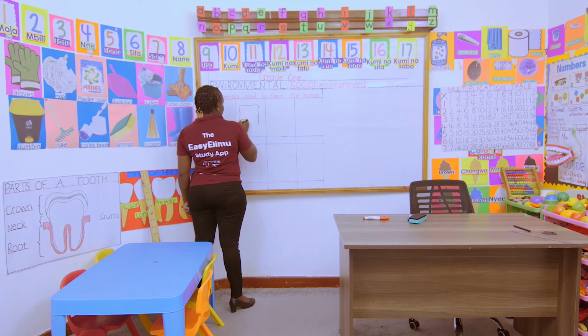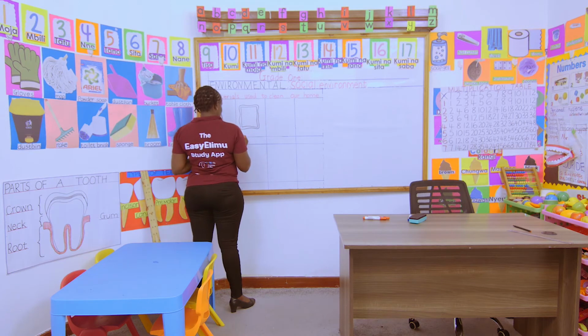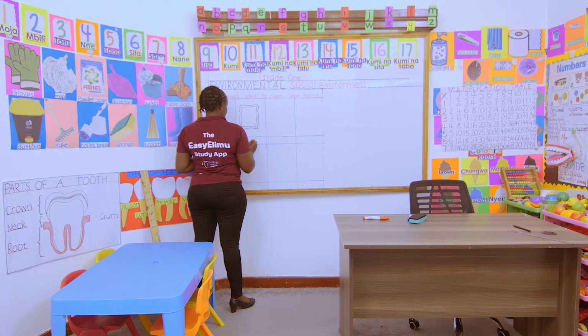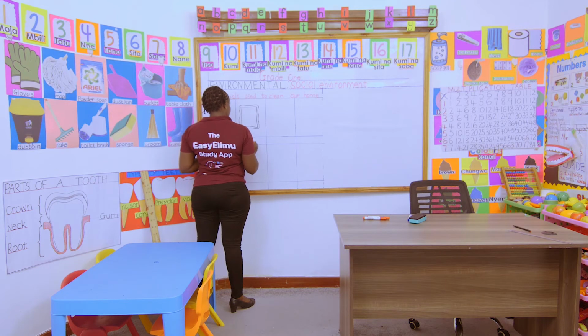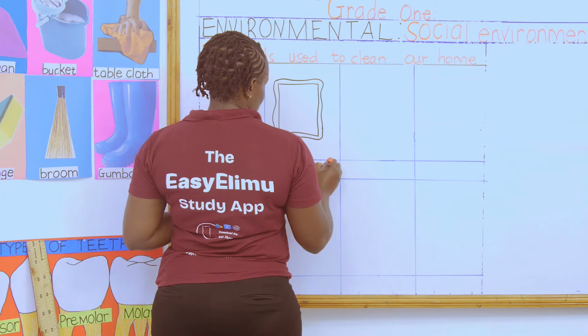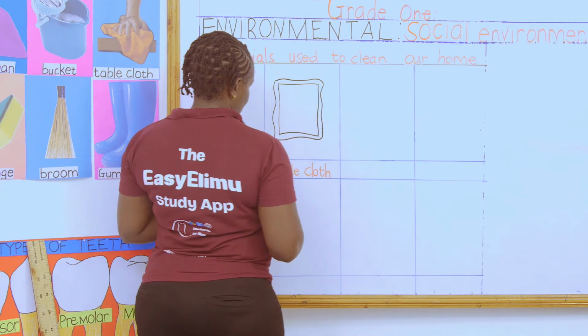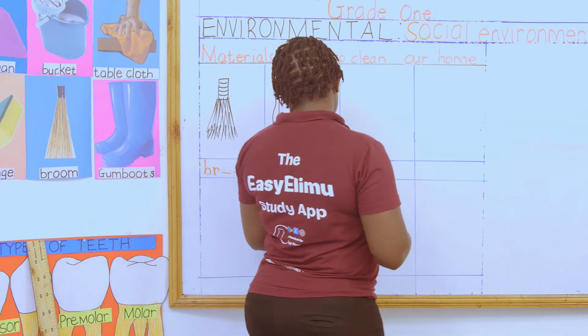You can tell from it what it is. Some people call it wipe. Another one, they call it tablecloth, or it can be a clean piece of cloth.